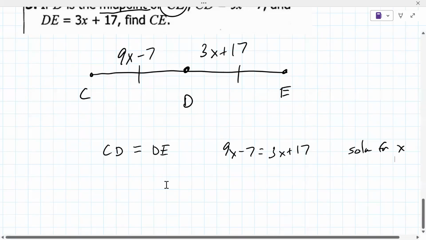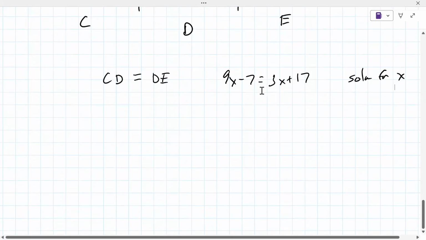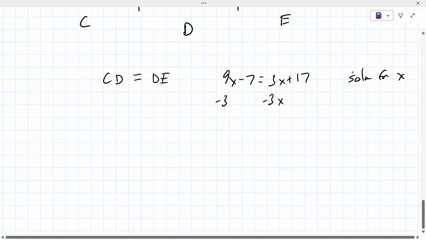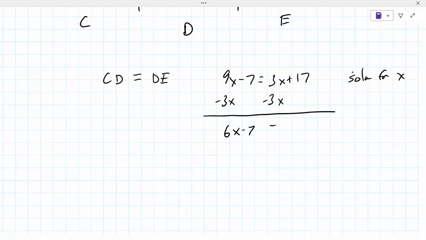Wait, I'm kind of struggling on it. Okay, so which side has the smaller x? Is 9x or 3x smaller? 3x. So you move the smaller to the larger. This is now what's called a two-step equation.